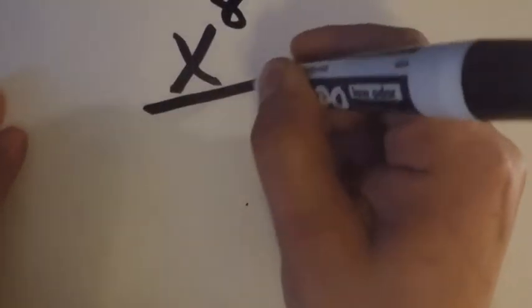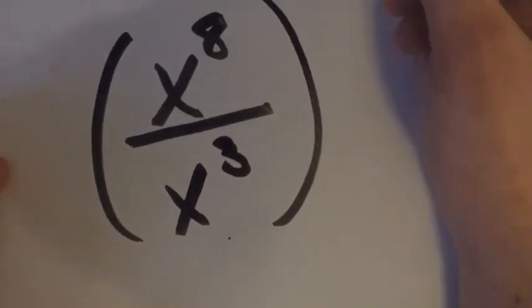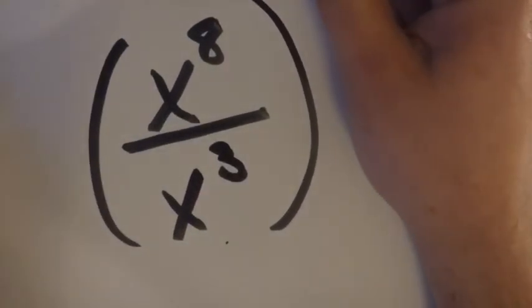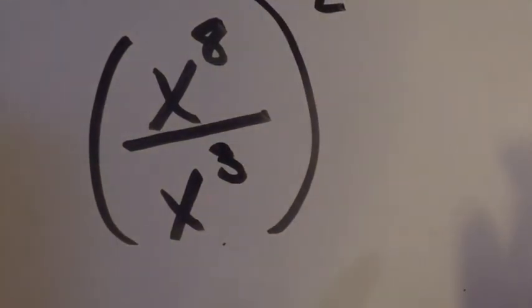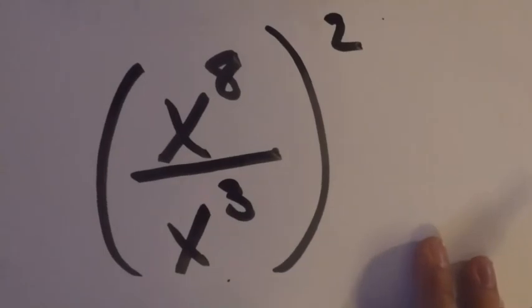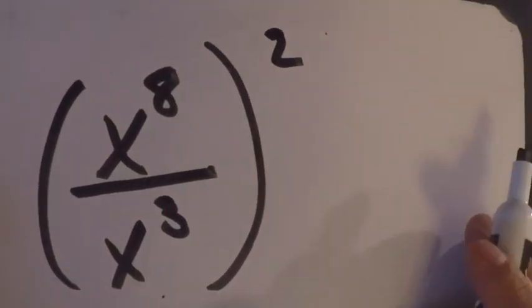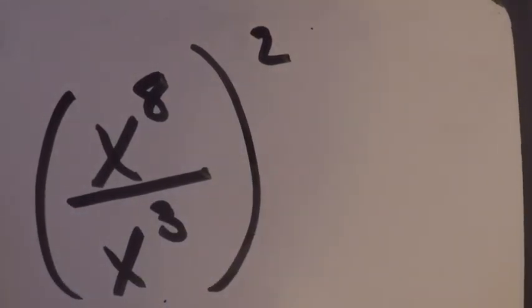If we have, say, x to the 8th divided by x to the 3rd, and this is all raised to, let's say, the 2nd power here. If we're able to, we should simplify what's inside of our parentheses first. So if we're dividing this x to the 8th divided by x to the 3rd, we have to remember that when we divide, we subtract.